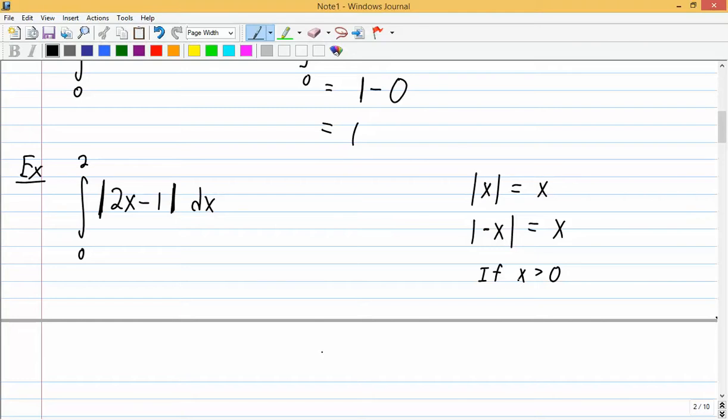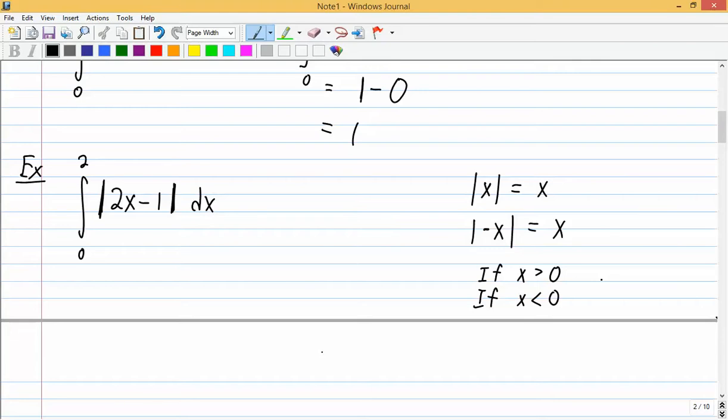But if x is less than 0, you get out the opposite of what you put in. So again, that's just explaining absolute values. It means the same thing the first way we went over it and the second way.